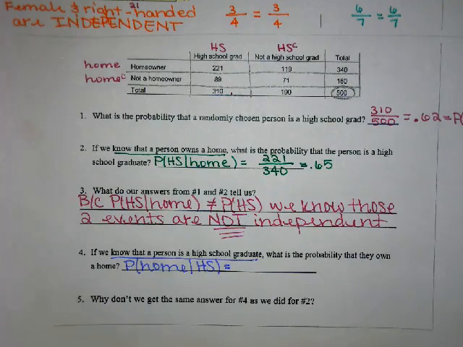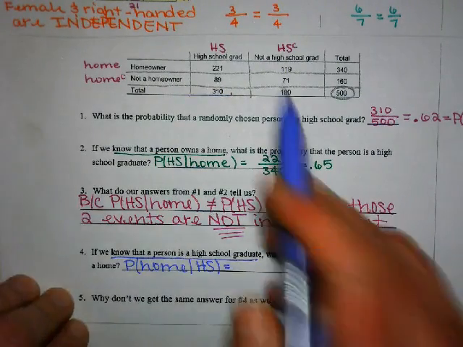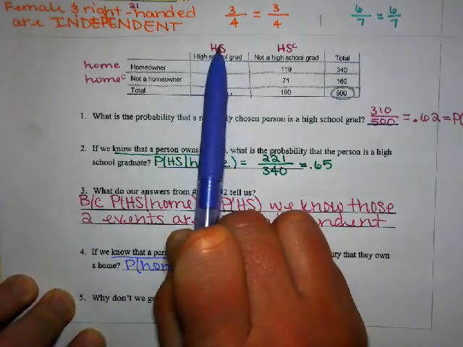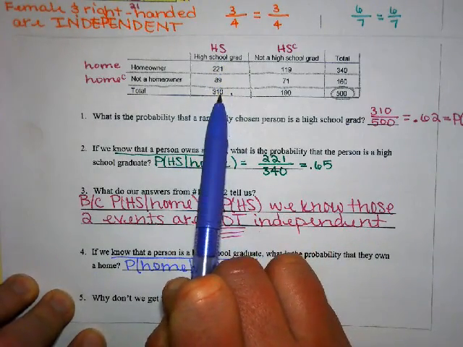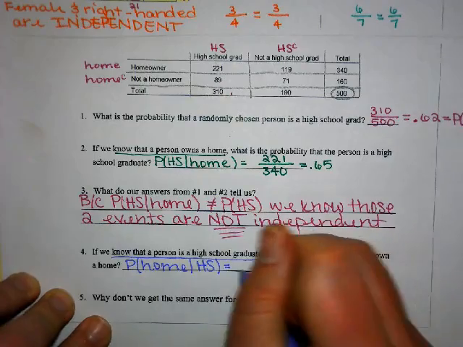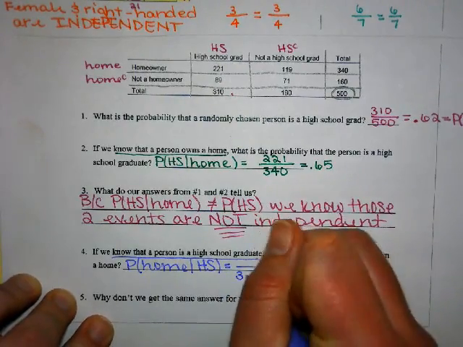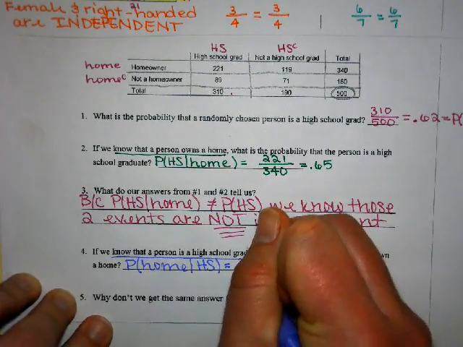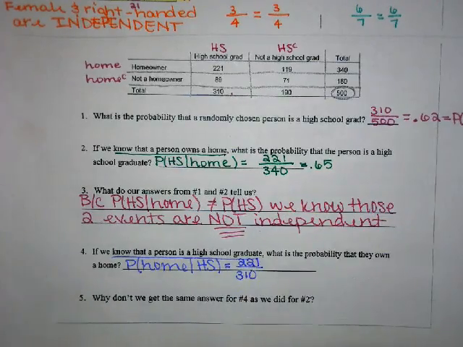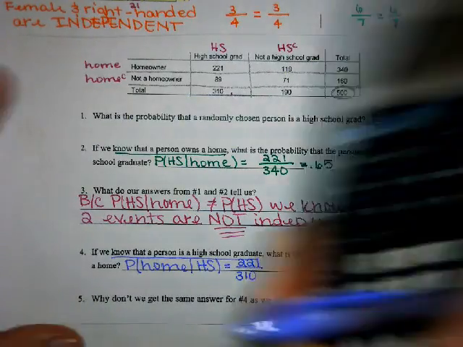Thanks, Emma. So we're given they're a high school graduate. There are 310 high school graduates in this table. And of those 310 high school graduates, 221 own their home. So 0.713.